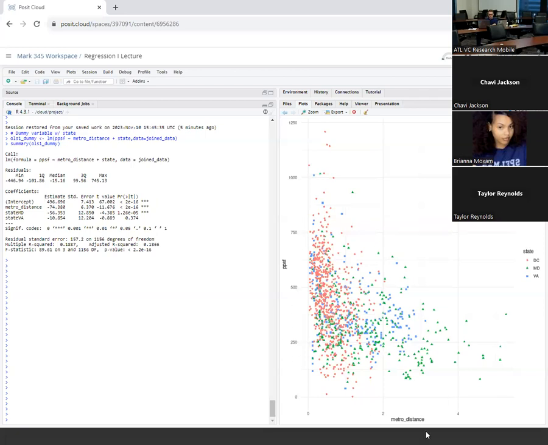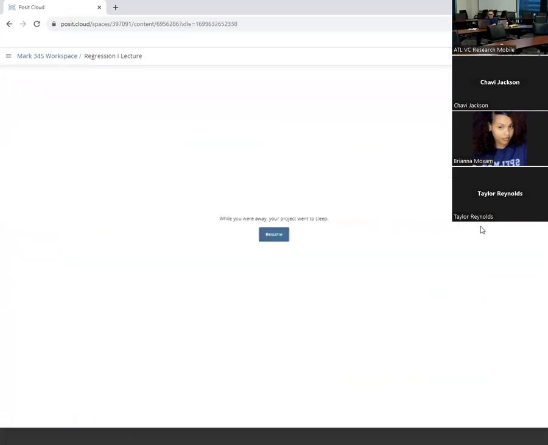Now, looking at the data, I don't find that very surprising because you said before that a lot of the data in Virginia and DC look alike, not so much for Maryland. So let's pause there and make sure you understand why Taylor was able to make those, why her statistical inference makes sense.